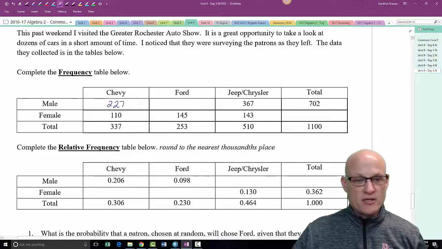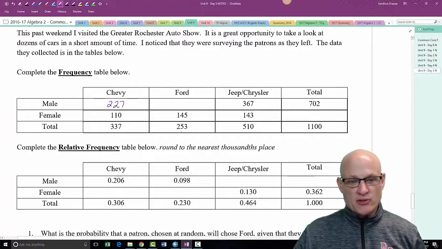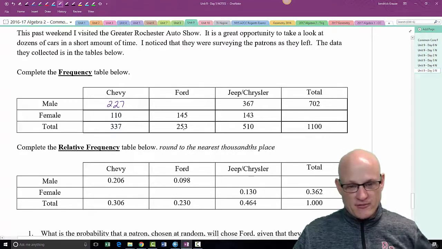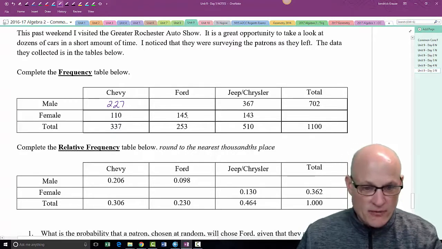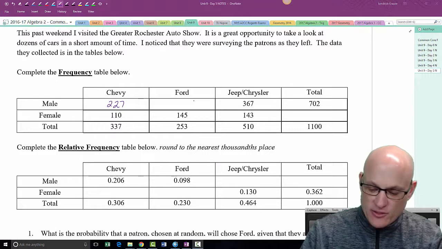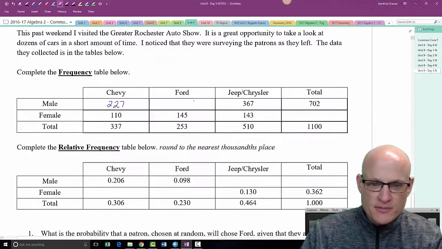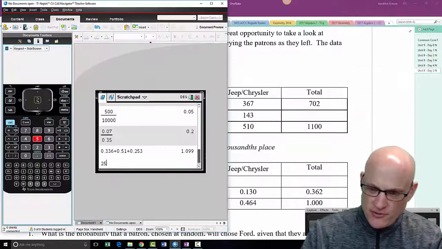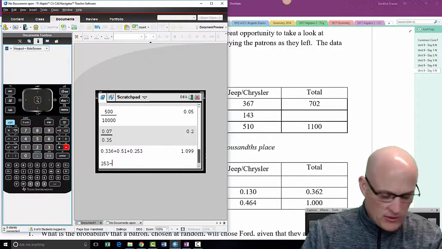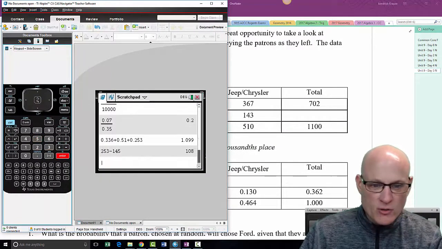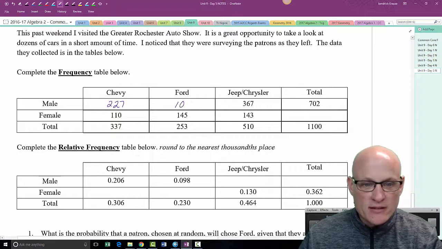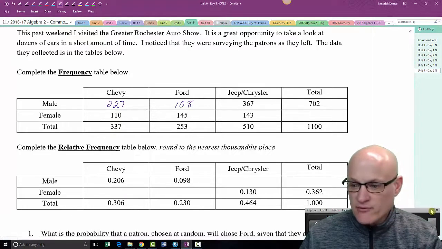So 227 males liked Chevy. Now 253 people liked the Fords, and I know that the females were 145. So if I took 253 minus 145, I'll get 108. So 108 males liked the Fords.